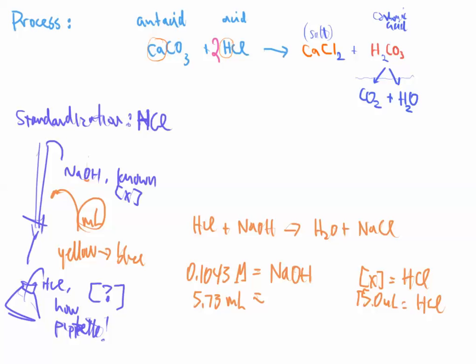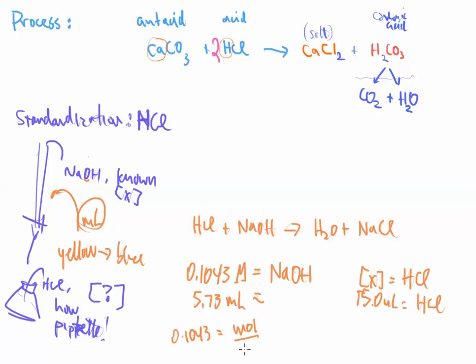So I need to come up with a way to figure out what the concentration of the acid is. So let's work through the steps. All right. If I know the molarity of sodium hydroxide, and I know the liters of sodium hydroxide that it took to titrate.